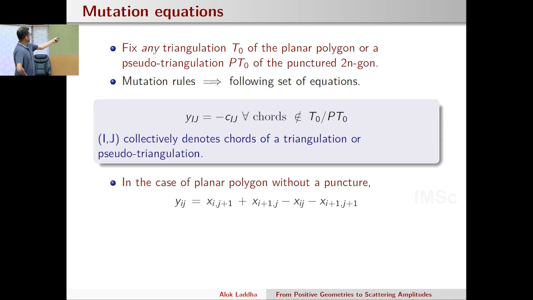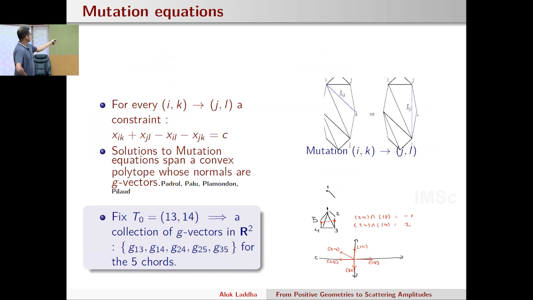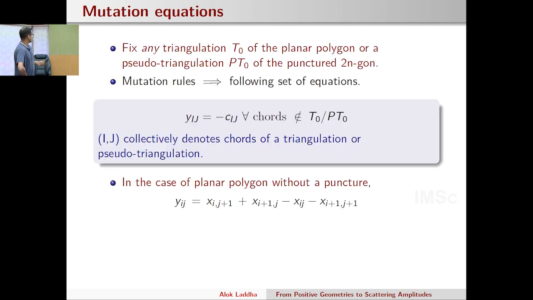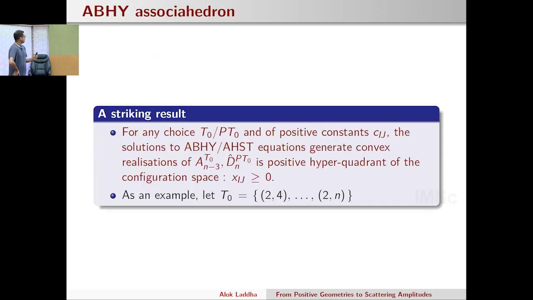Put all such y's to be constants for all the reference chords. You can check that this precisely gives you all possible mutation equations and gives you the convex geometry that you can draw in your configuration space.